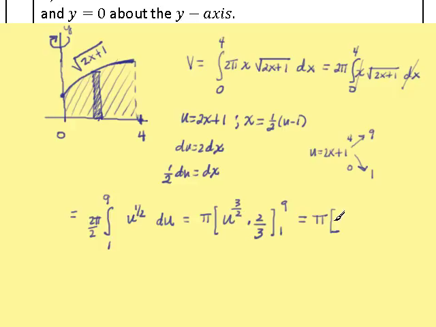So 9 to the 3/2, that would be 27. So there we have 27 times 2/3. And now let's substitute in 1, so we're just subtracting 2/3. So that comes out to pi times 52 over 3.